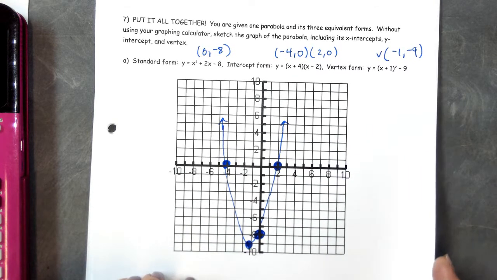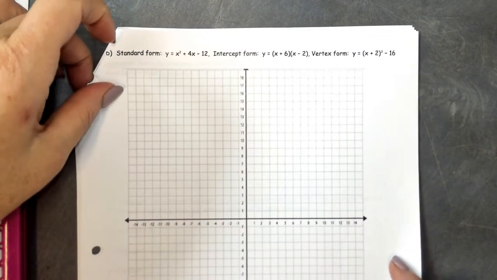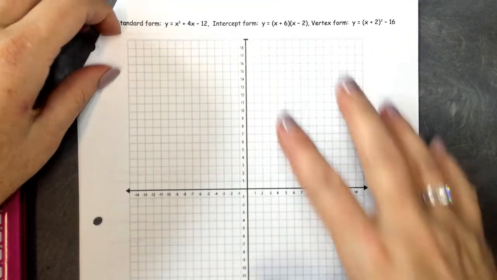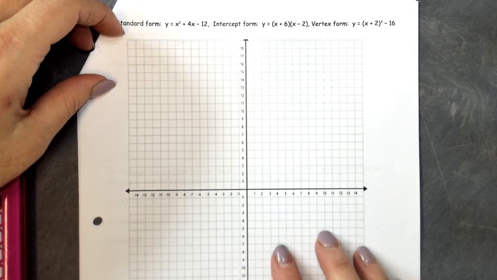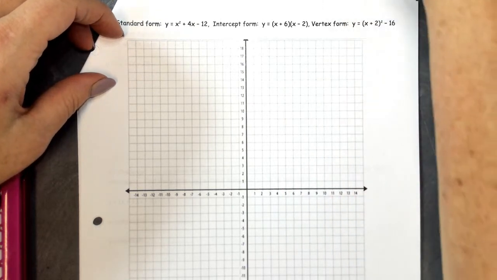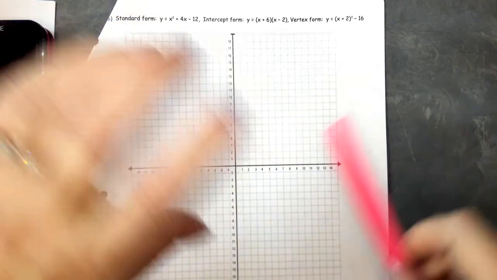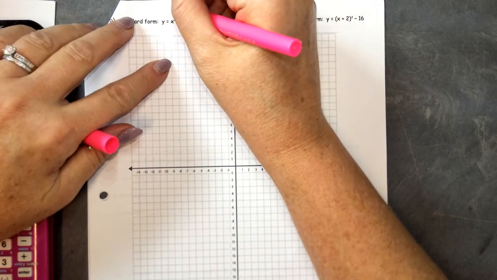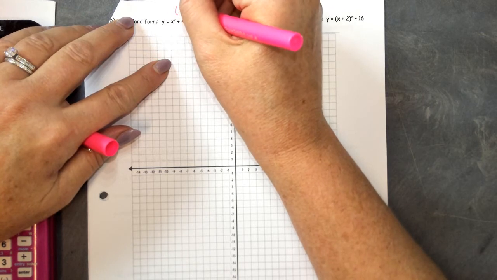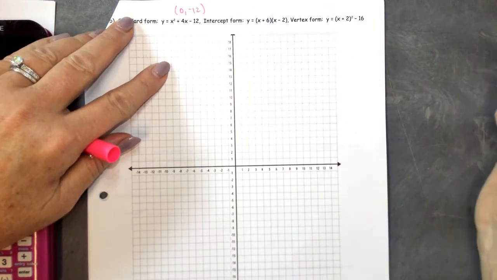Okay, turn the page. Standard form, intercept form, vertex form. So on your quiz, I made this smaller so I could fit it on one page, so your vertex didn't fit. But now you do have room for it. So really quickly from here, standard form, I can get the y-intercept, which is 0, negative 12.